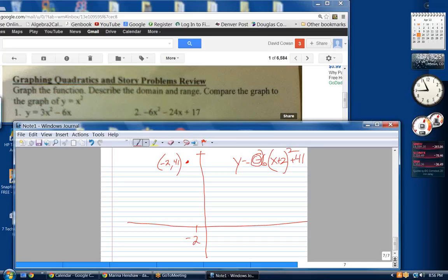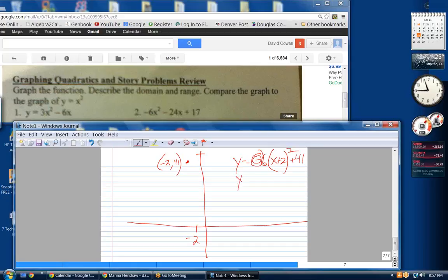Plug in x equals 0, and it's real easy to figure out what y is. The y-intercept is always where x is equal to 0. The x-intercept is where y is equal to 0, and the y-intercept is where x is equal to 0. So plug in 0 for x here, and what do you get for y?